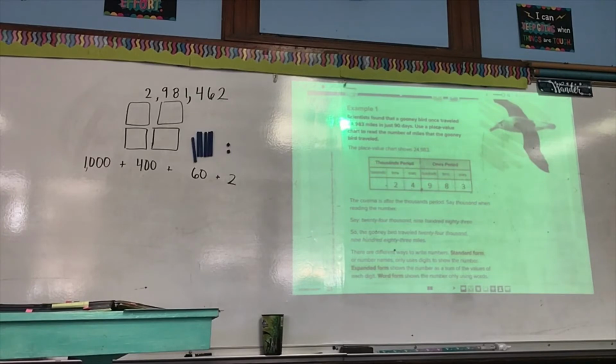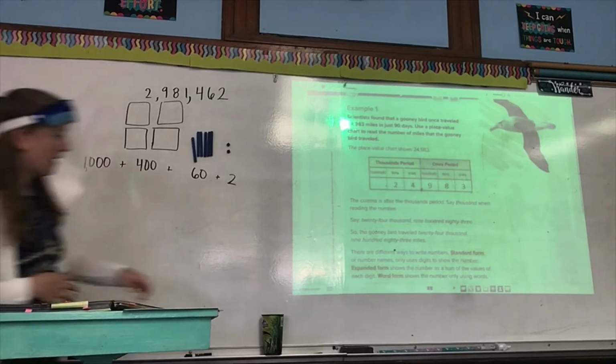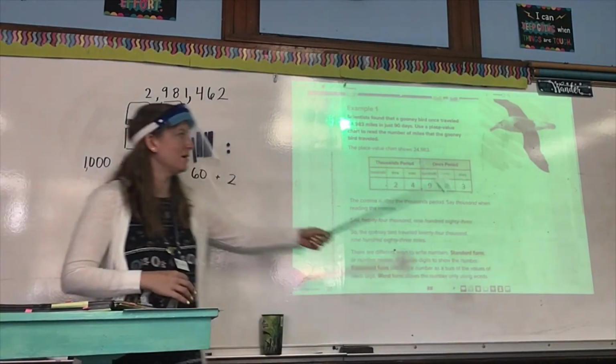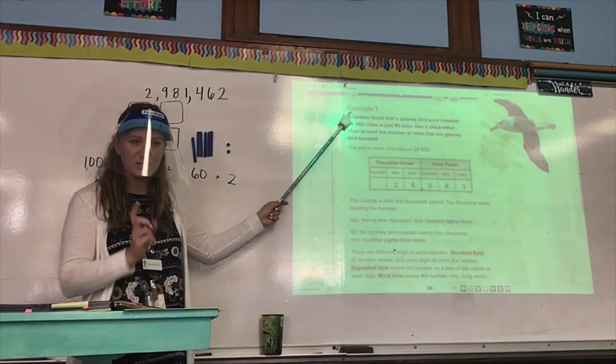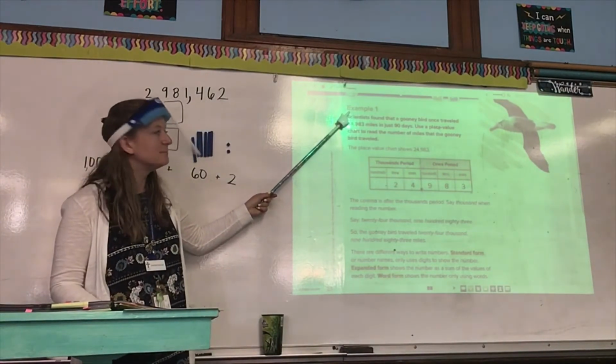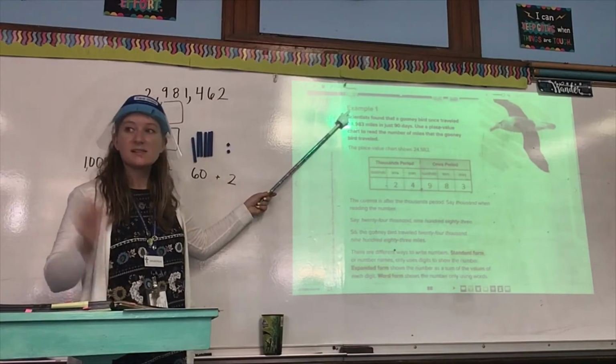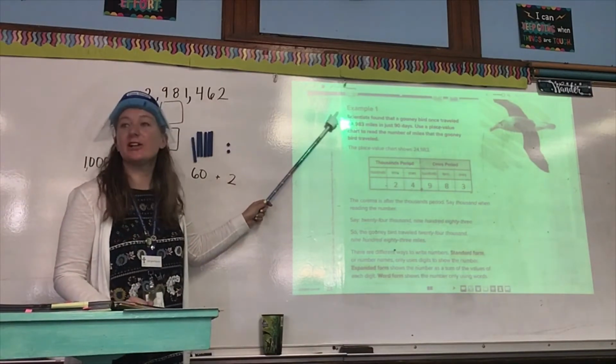Finger or pencil on example 1. When I see everybody at school's finger or pencil on example 1, at home I'm going to assume that your finger or your pencil is on example 1. Sit up.